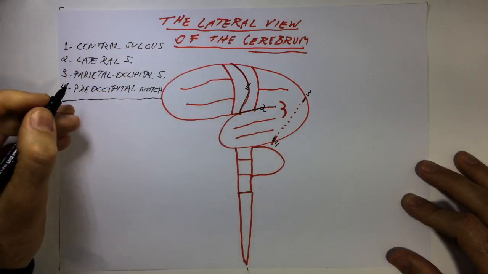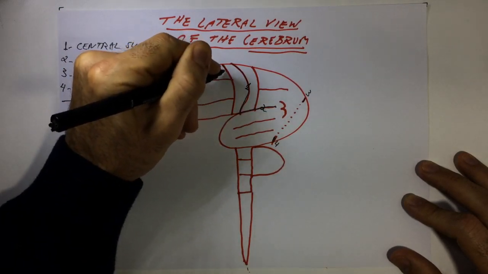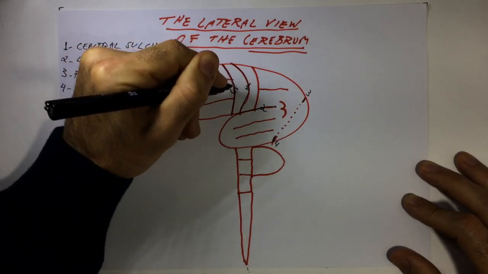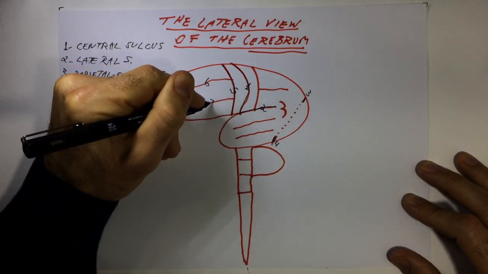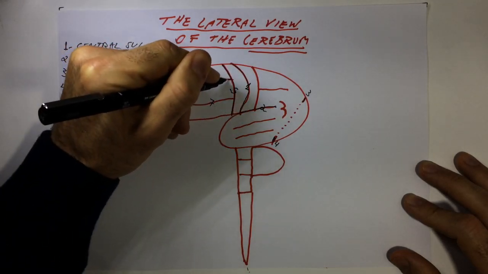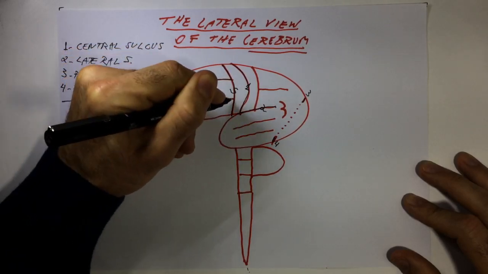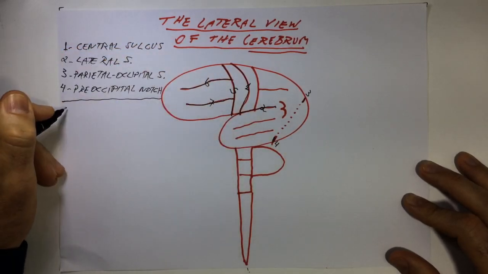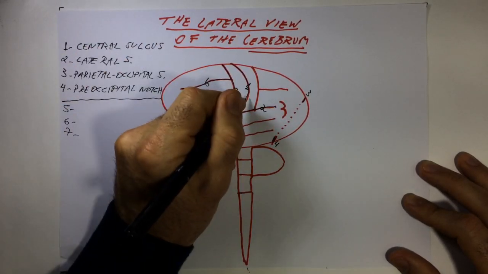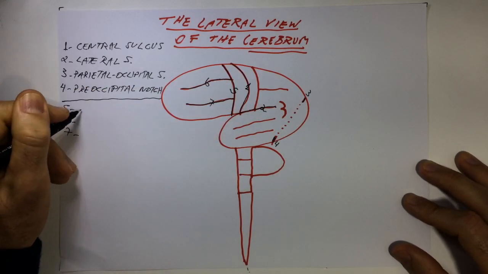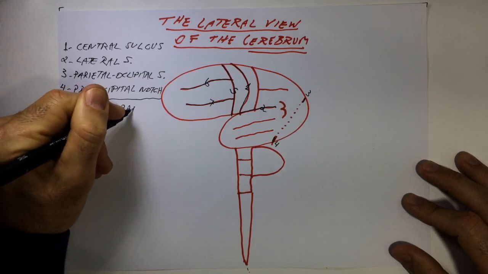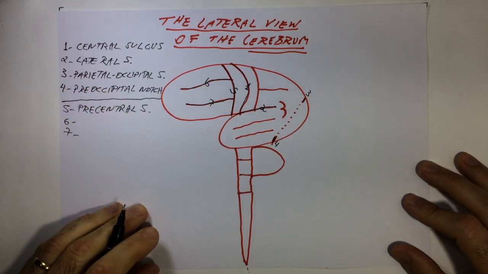So in the frontal lobe, we have, let's make here 5, so that would be 5, 6, and 7. So this one here, and this one here. Here 6, here 7. So 5, 6, 7. This one here, it's right before the central sulcus, so it's the precentral sulcus.